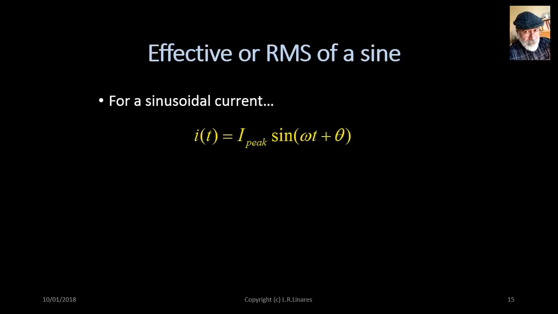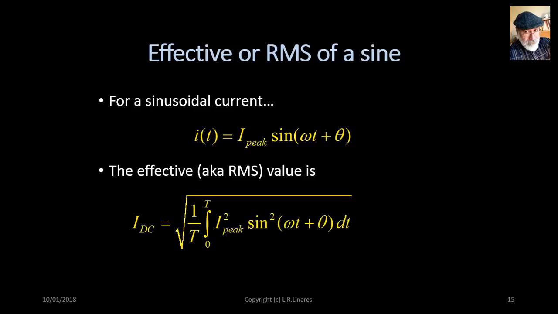Effective value or RMS value of a sinusoidal function of time. For a sinusoidal current or voltage, with a peak value I peak, if we apply that formula for root mean square, we obtain that the RMS value, the effective value, is the peak value divided by root 2.